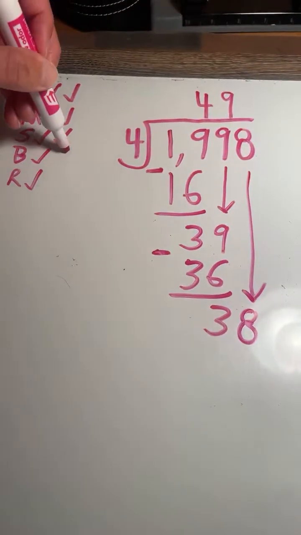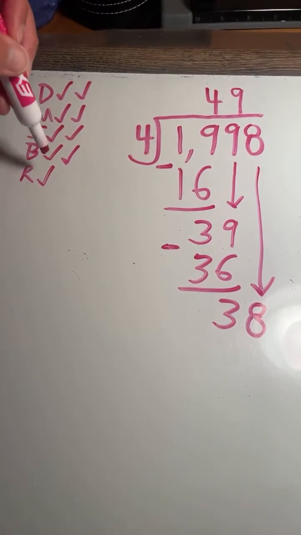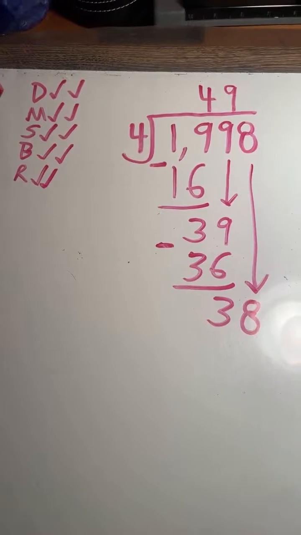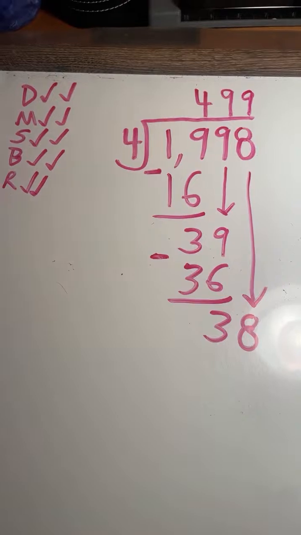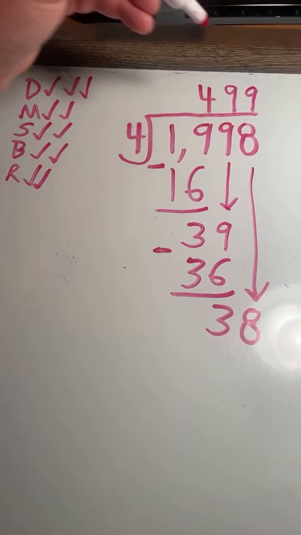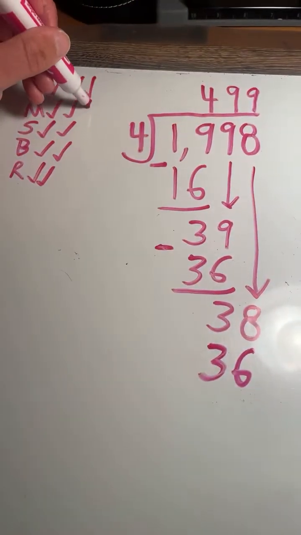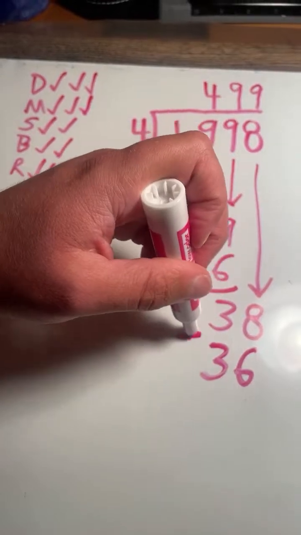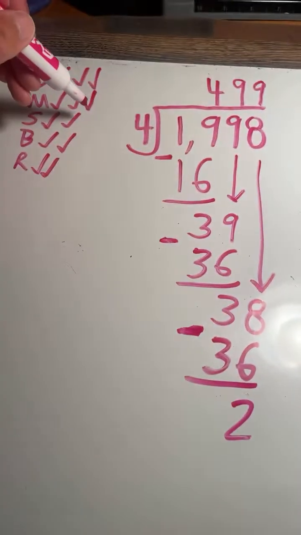That 3 becomes a 38. And now we have to repeat the steps one more time. So 38 divided by 4, again, equals 9 with a remainder. 9 times 4 again equals 36. 38 minus 36 equals 2.